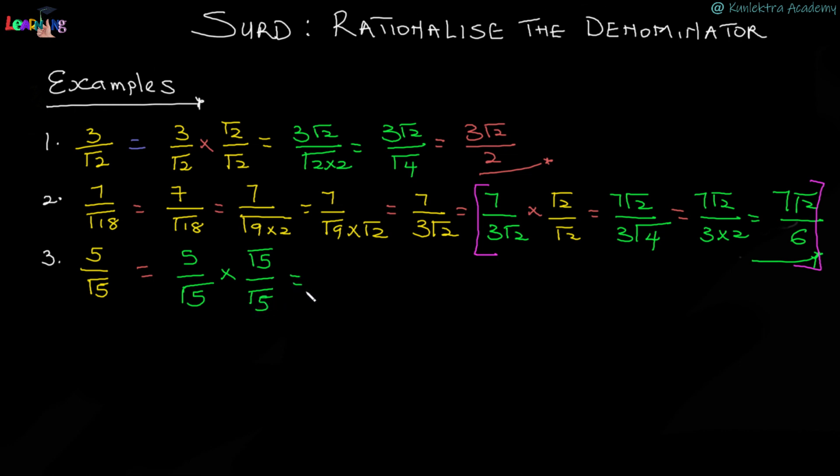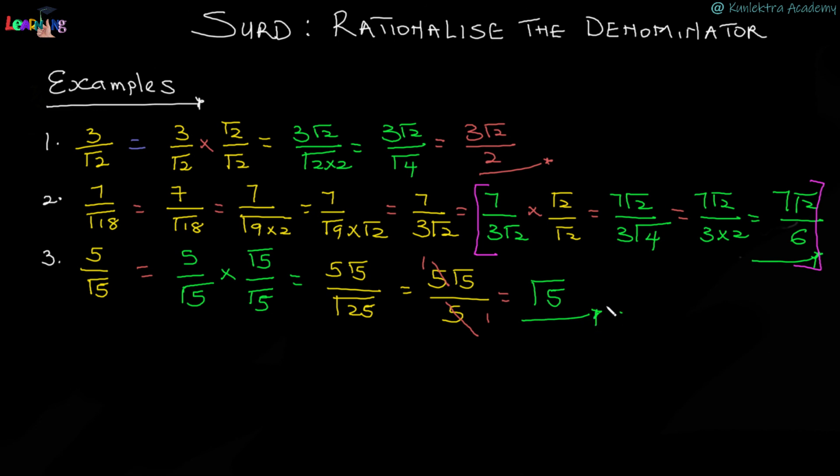What will be your answer here? 5 times root 5 is 5 root 5, over root 5 times root 5, which is root 25. So you have 5 root 5 over the square root of 25, which is 5. From here, we cancel out 5 with 5, and our final answer is root 5.